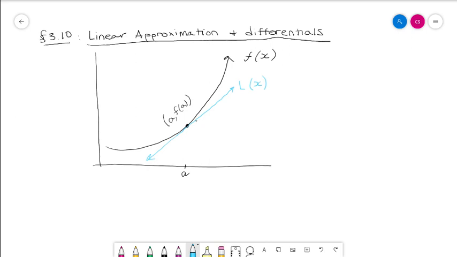So this blue line, when we're around this point A, f of A, would be a good approximation for the curve. That's what a linear approximation is. So again, if we choose values of x around A, we can use our tangent line to approximate the curve value, to approximate f.